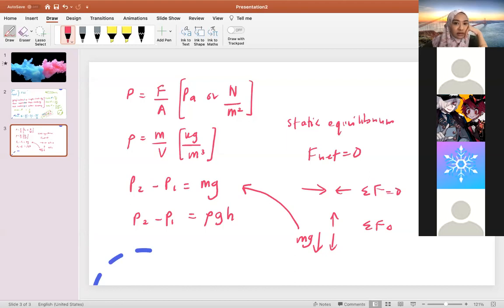Not necessarily. So there can be velocity as long as it does not accelerate. That is what static equilibrium means.